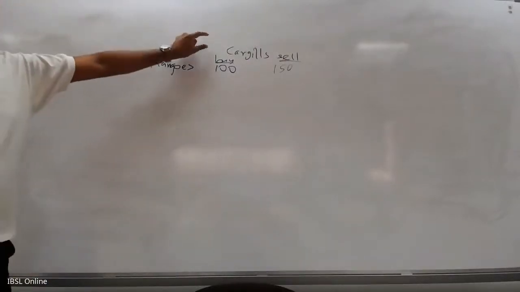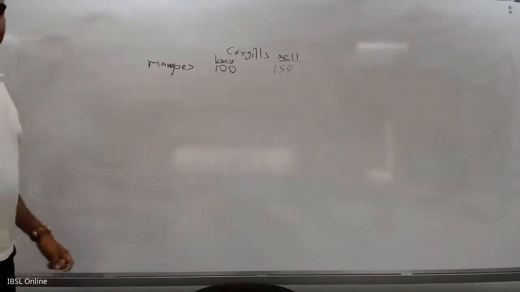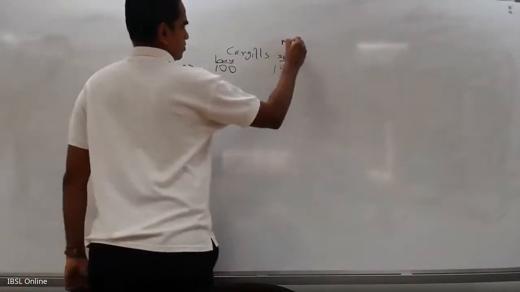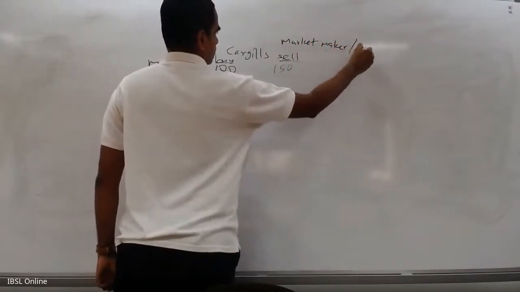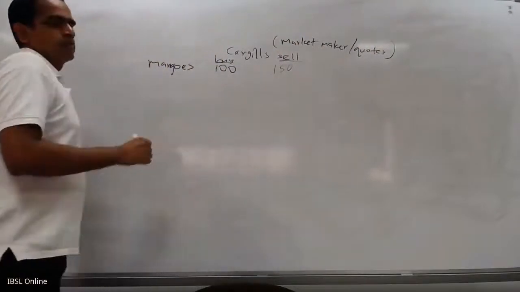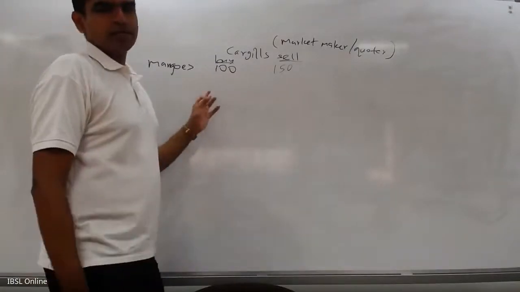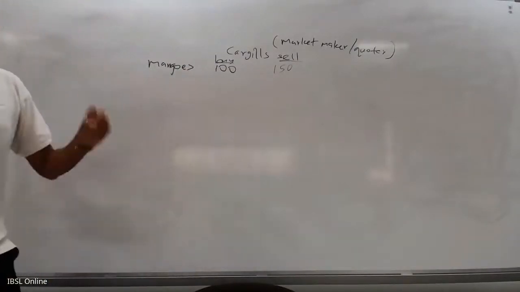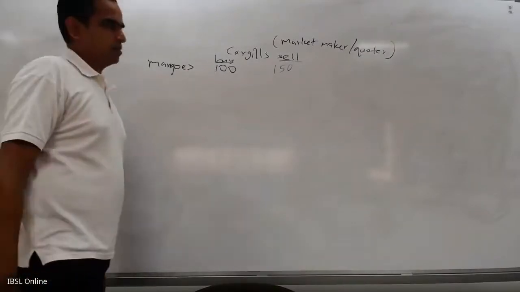Meaning Cargill's is the market maker or the quoter. Cargill's has quoted the price, they are the market maker. Whereas you are using Cargill's prices, their prices are being used by the customer. So you are the market taker or the asker.